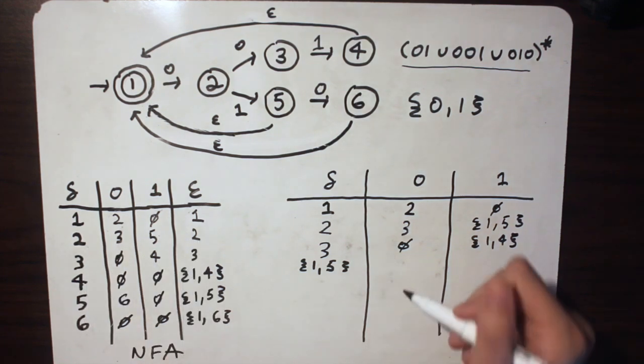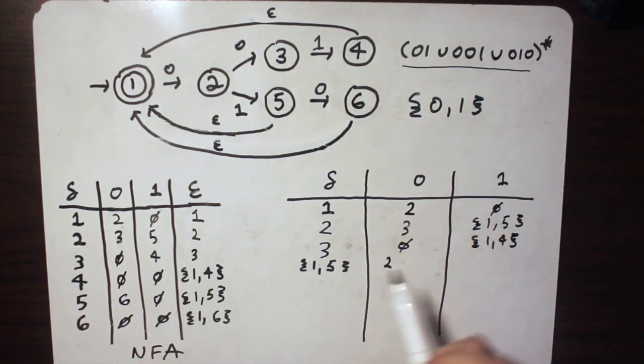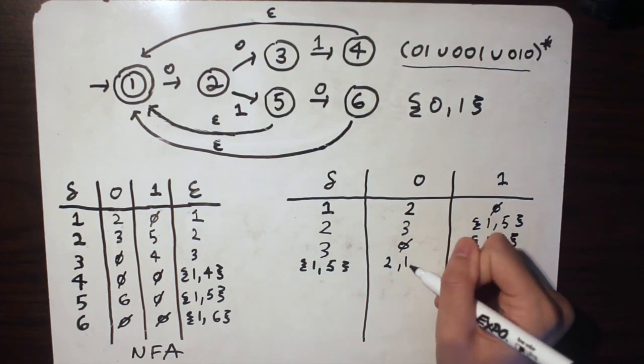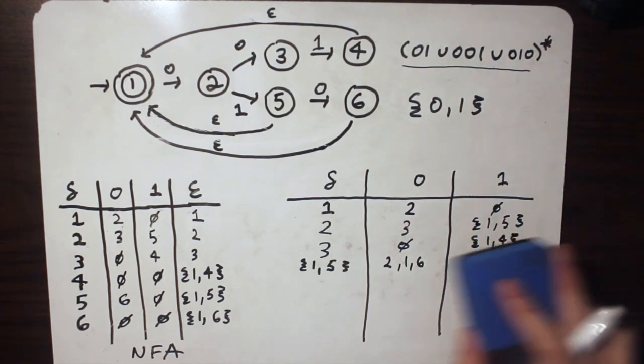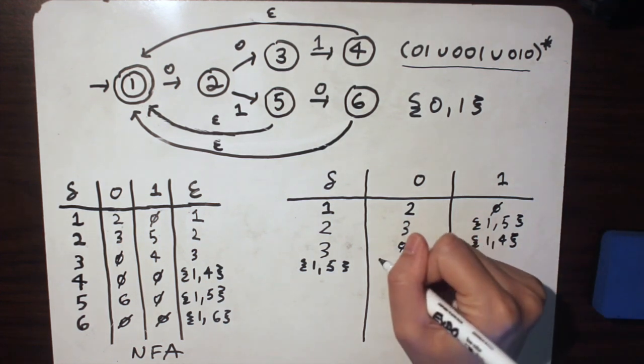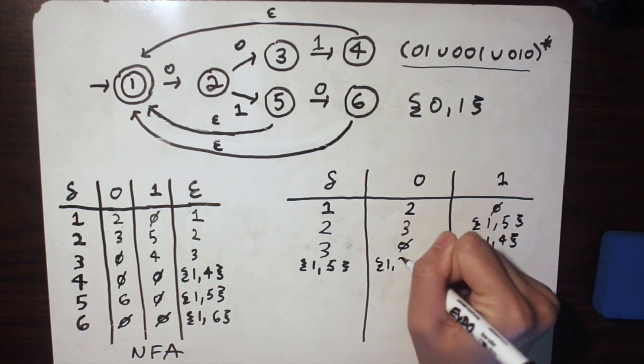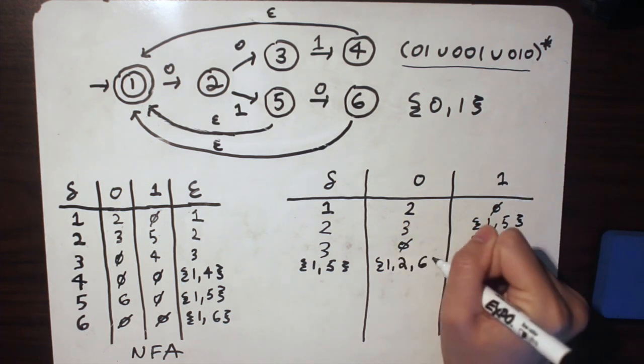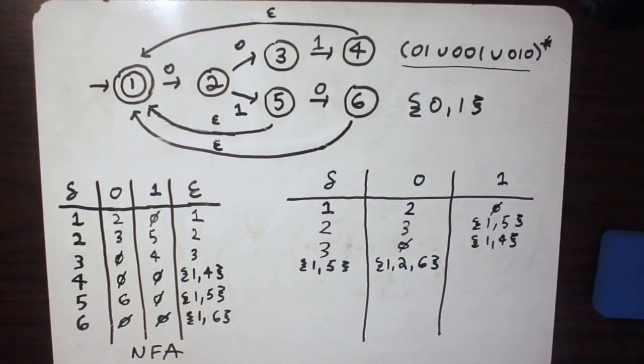And we check the epsilon and it's still a 2, so we're fine. And then on a 5, on an input of 0, we can go to 6, and we check over here on an epsilon, we can go to 1 and 6. So we want to include that here. And I'm just going to rewrite this as a set in numerical order, so it's easier to keep track and organized. Alright, so 1, 2, 6.